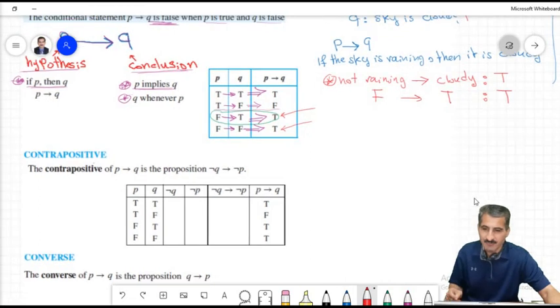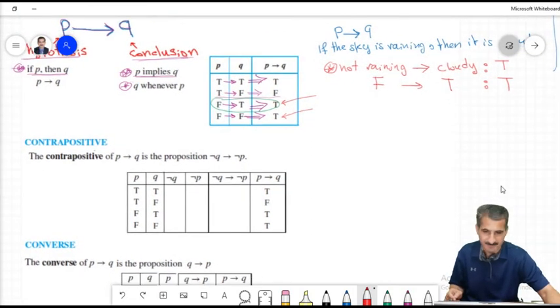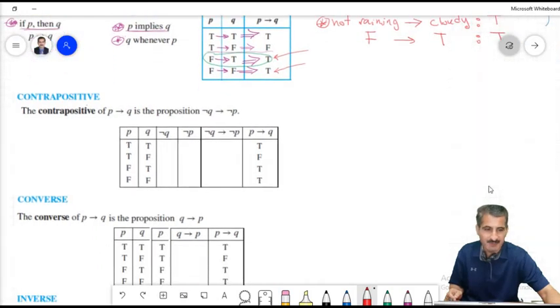Now for the conditional statements, we have the following variations. The contrapositive.